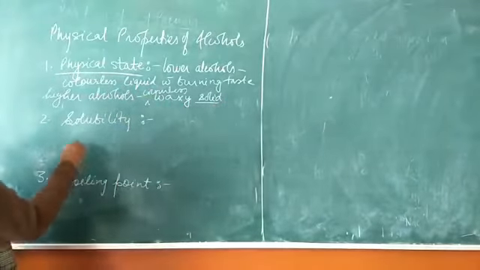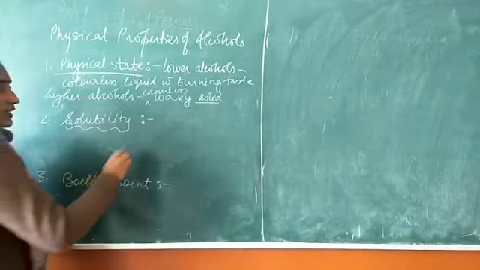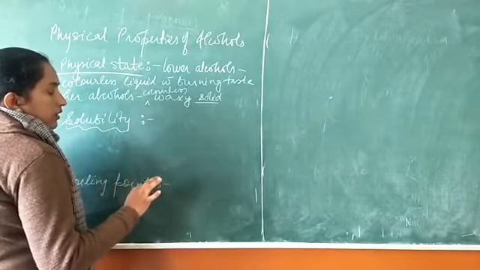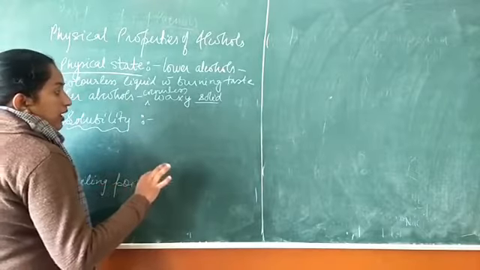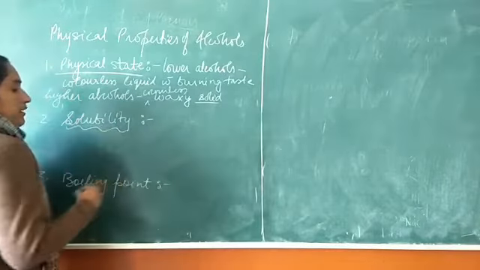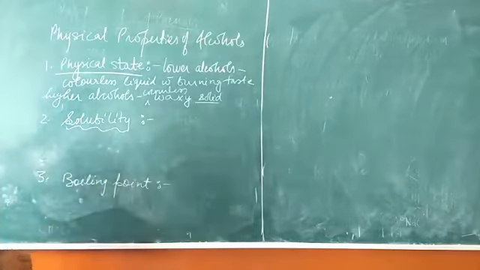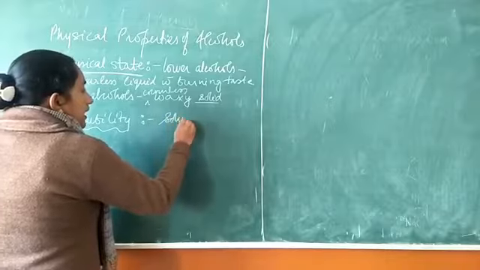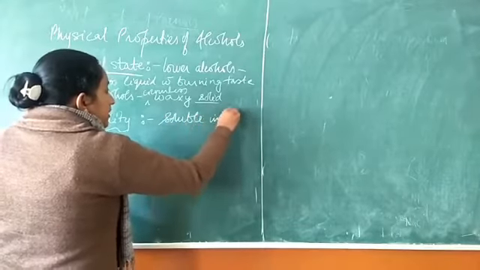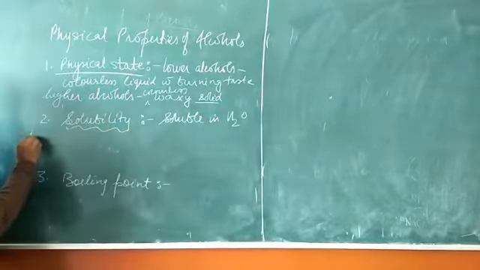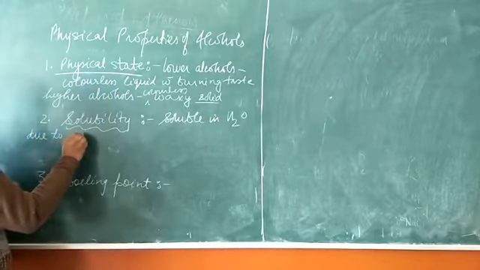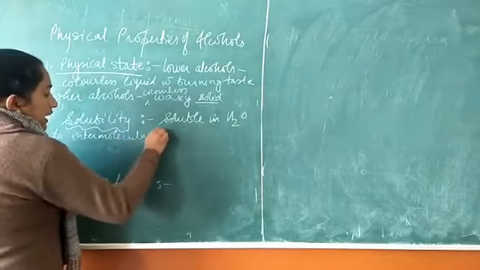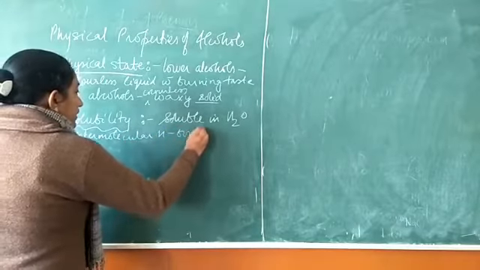Now student, next comes the solubility. Now you know that the alcohol has got, along with the alkyl group, a hydroxy group. So they form intermolecular hydrogen bonding with water, and hence they are soluble in water. So they are soluble in water due to intermolecular hydrogen bond. Right.